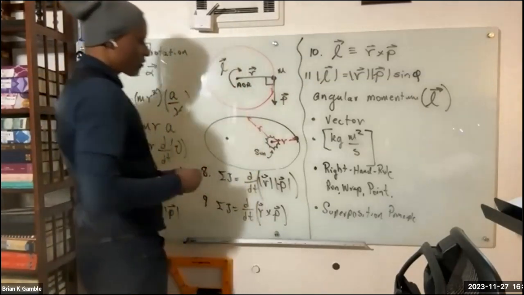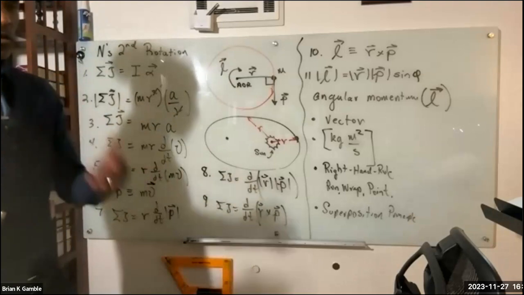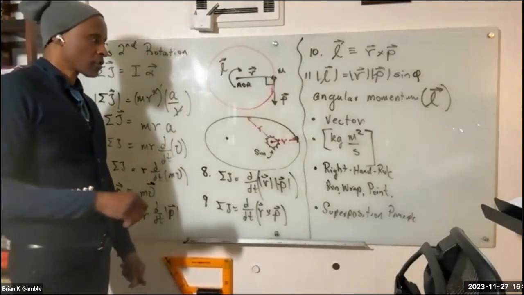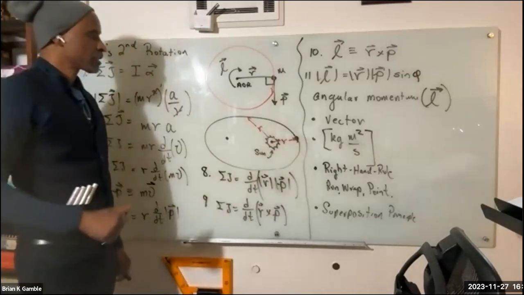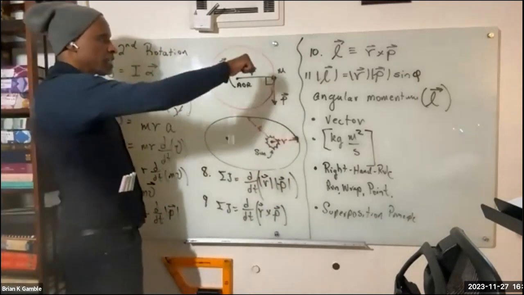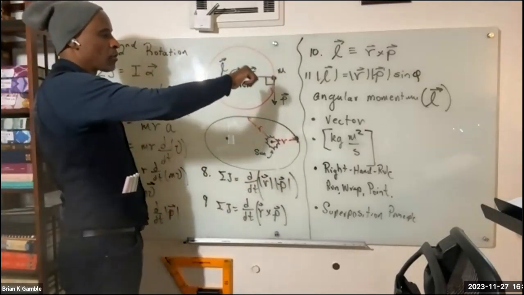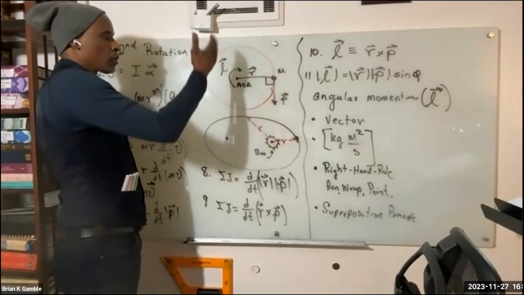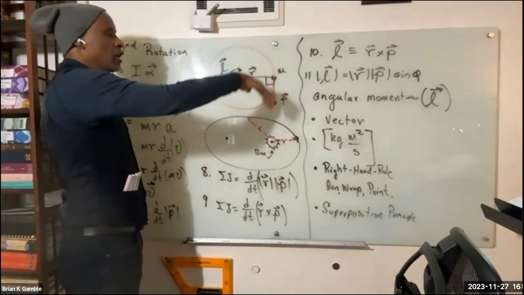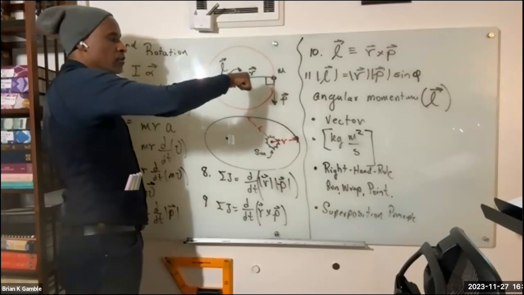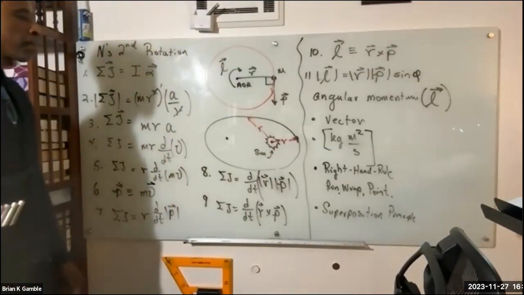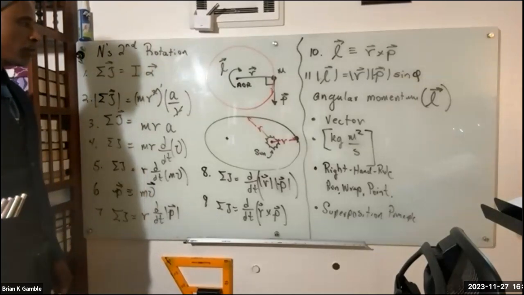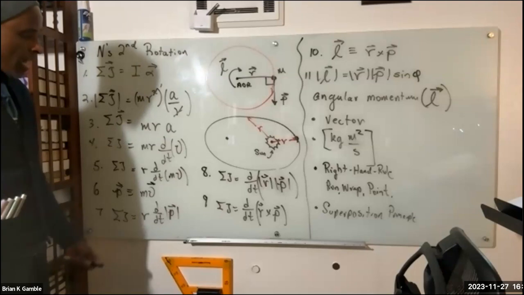And just like angular velocity, angular acceleration, angular displacement, all those vectors are defined this way: if you want to know the direction of rotation, you point your thumb in the direction of that vector, into the board in this case, and your fingers curl around in the direction of the rotation. So run, wrap, point.